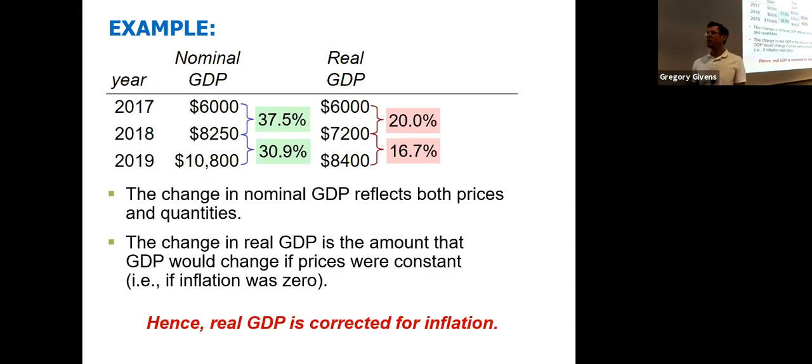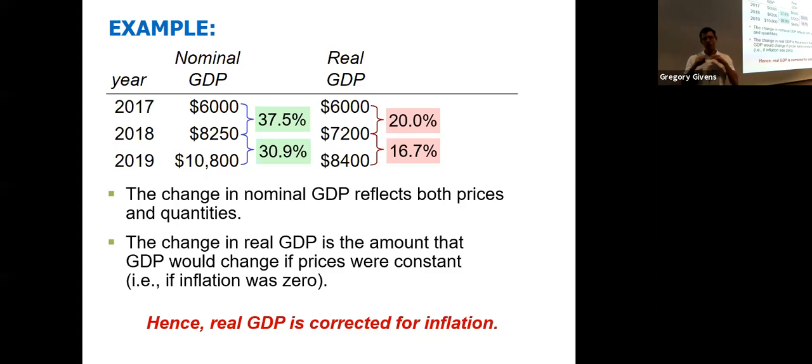In fact, we can look at some extreme examples of countries whose nominal GDP goes up, but because they're experiencing really high levels of inflation, their real GDP is actually going down, right? Like a country like Venezuela, for instance, has experienced dramatic inflation rates in recent years, tens of thousands of percent, right? So their prices have gone up so much that their nominal GDP is going to be rising, but if you look at real production in those economies, it's actually been falling.